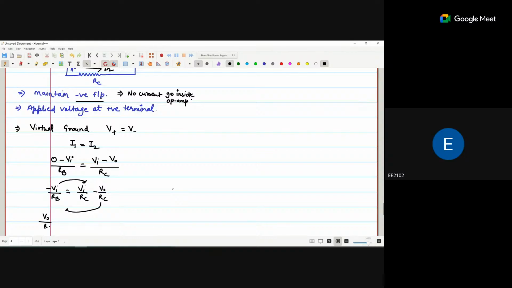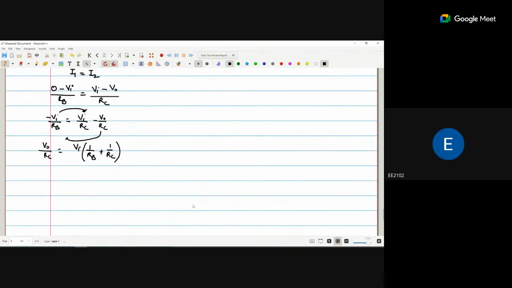So V0 upon RC is equal to Vi times 1 over RB plus 1 over RC. So V0 upon RC is equal to Vi times RB plus RC upon RB RC.